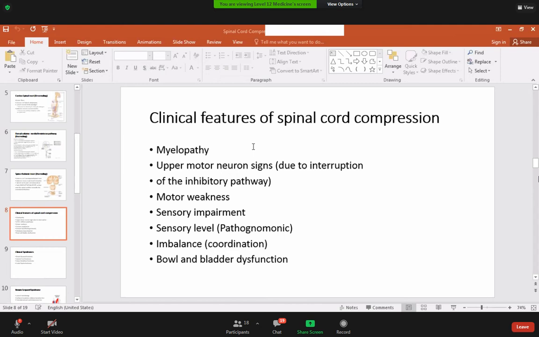Patient may present with motor weakness, sensory impairment, and a cutoff sensory level because of the transection. Problem may be in the imbalance because of the spinocerebellar tract affection, and bowel and bladder dysfunction, especially in injuries to the lower part of the vertebral column, or the area that is below the level of the conus medullaris.